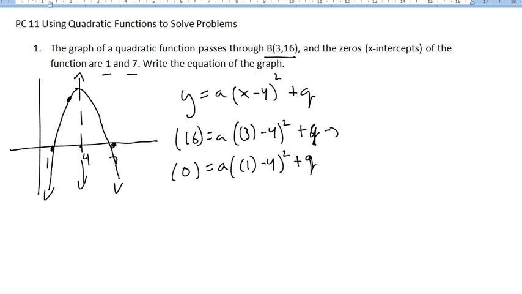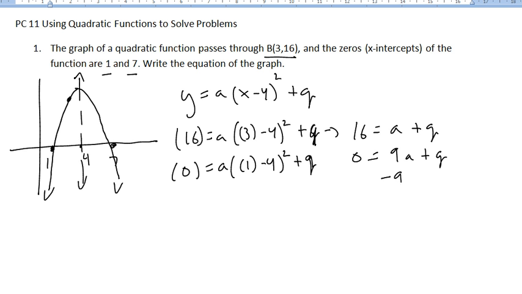So that can be rearranged to 16 equals (3 minus 4), which is negative 1 squared, which is 1, so a plus q. And then we'll get 0 equals (1 minus 4), which is negative 3 squared, which is 9, so 9a plus q. Alright, and let's do substitution.